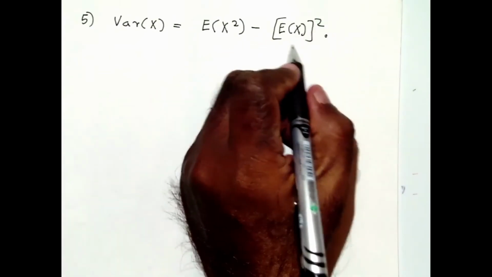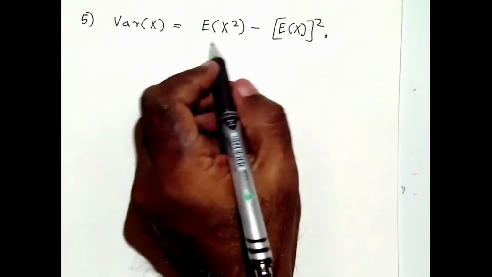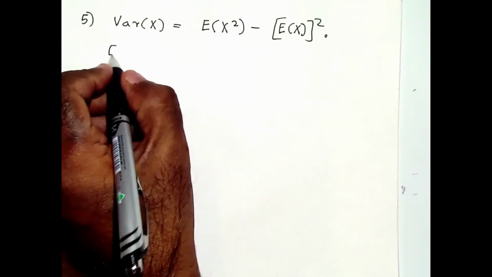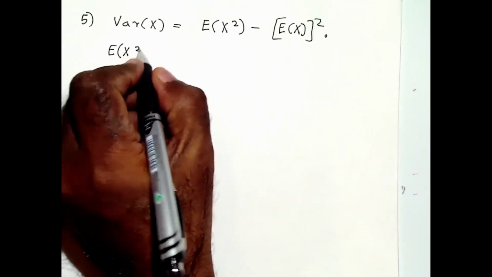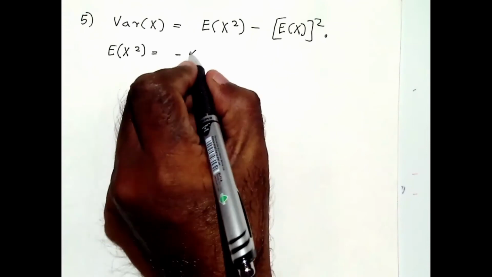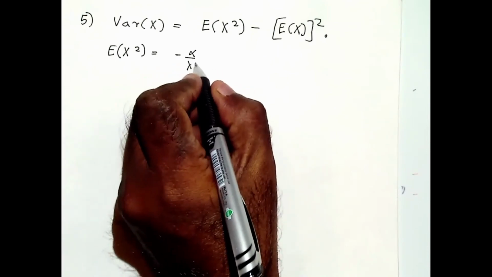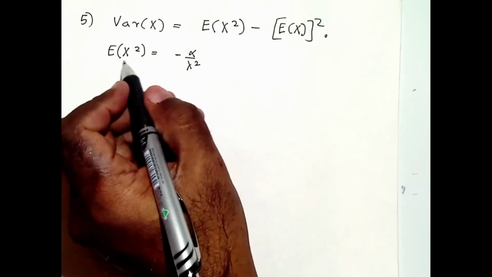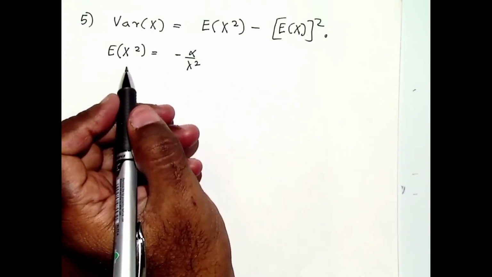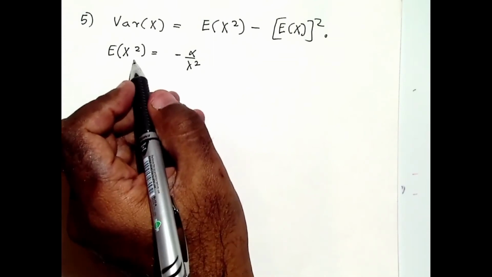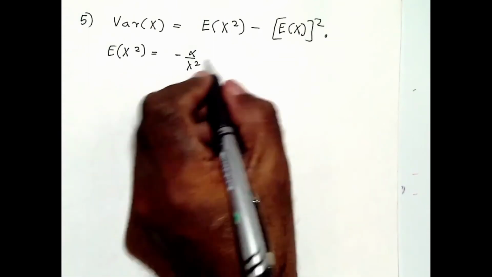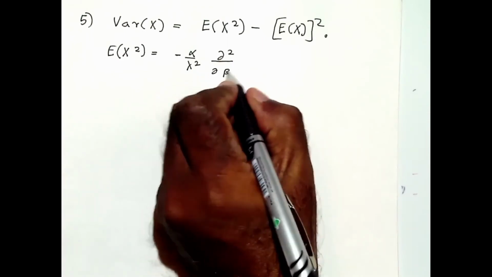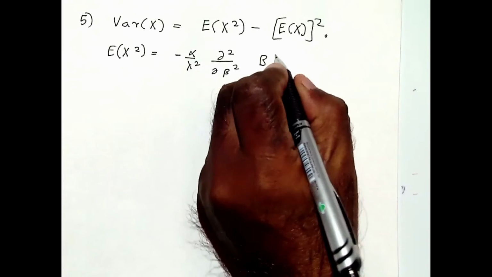Now we already know what this is. So we just need to find the expectation of x squared. All right, so to find this, you just simply put n equal to 2 into part 3 of this question. So if you put n equal to 2, this is what you get.